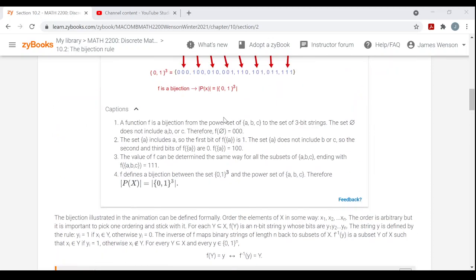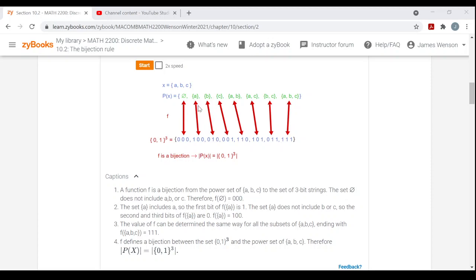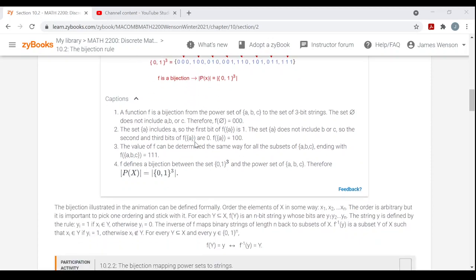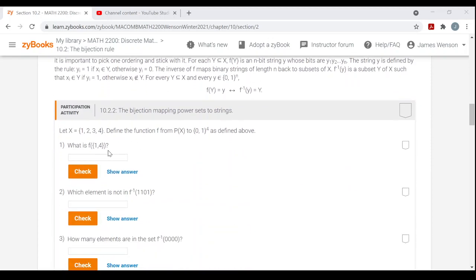Like I said, if there's a 0, it means the element's not in the set. If there's a 1, it means the element's in the set. So for instance, what's f of the set {1, 4}? That means 1 is in the set, 4 is in the set, but 2 and 3 are not. So 1, 0, 0, 1.